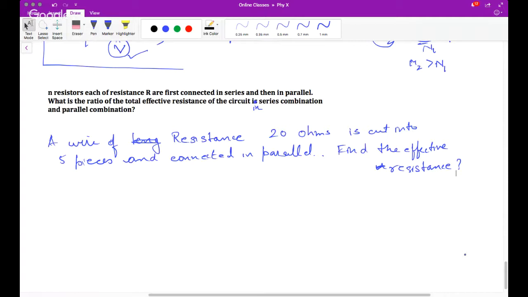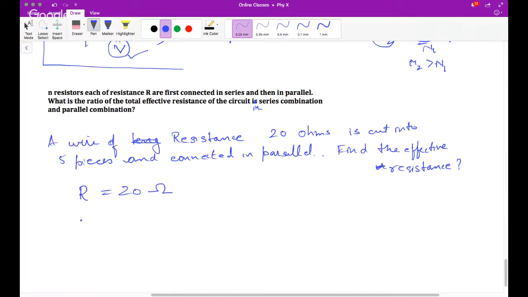Okay, a wire of resistance 20 ohms is cut into 5 pieces and connected in parallel. Find the effective resistance. Four by 5 ohms. How? Shreyas, it will be N square is to 1, not 1 is to N square. Okay, so 20 ohms. So let's say R is 20 ohms.